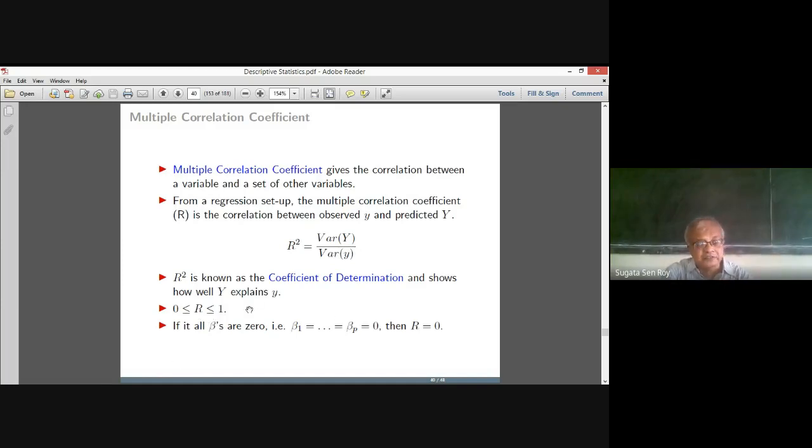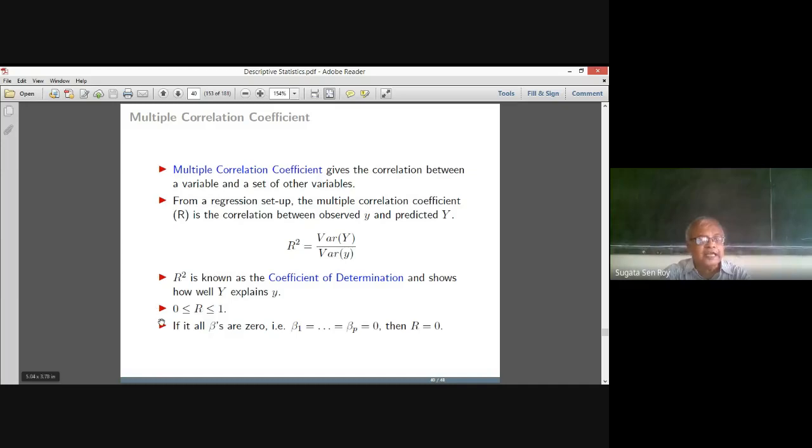It's never negative. So if it is 0, what does it mean? It means that the x's together do not explain y. Okay. If it is 1, it means that the x's together explain y very well. So the closer it is to 1, the better is the regression model.